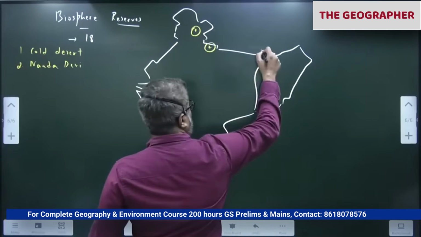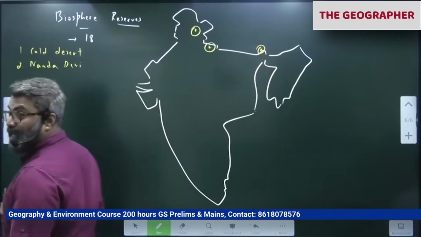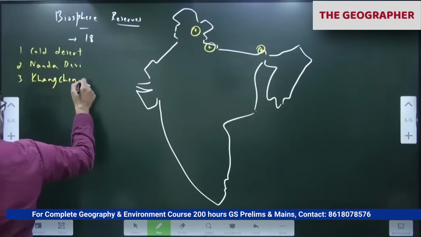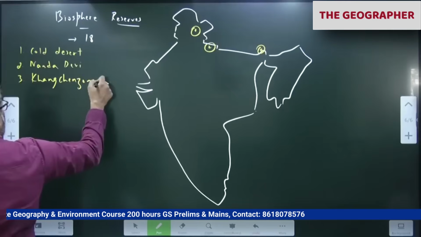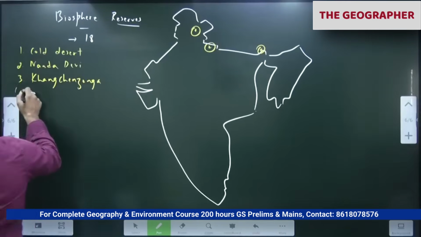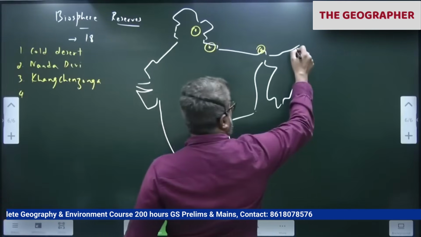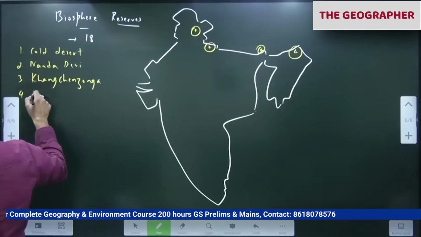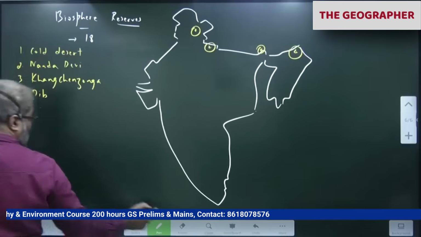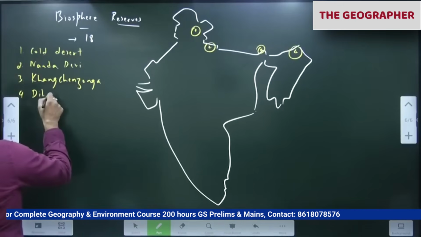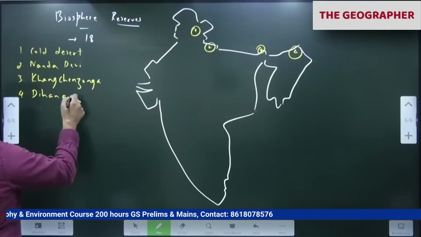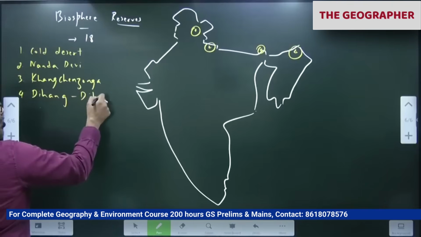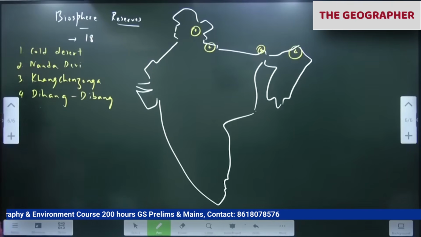Here, Kanchenjunga. Remember Kanchenjunga peak? Here, Kanchenjunga. Fourth one, here. Fourth. Dihang, Dibang. If you all remember, Dihang is Brahmaputra. Dibang is another tributary of Brahmaputra.